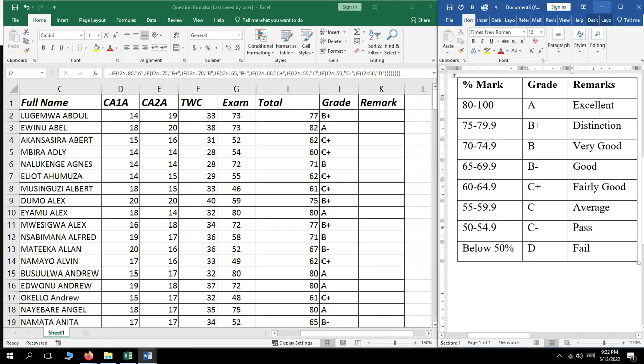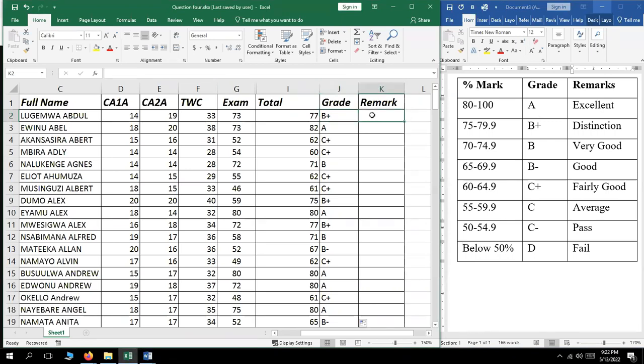Let's get started by typing the equal sign as usual. Then we repeat the same steps as for determining the grades, by saying IF, open brackets. We are going to say if J2 this time around, what's the content?